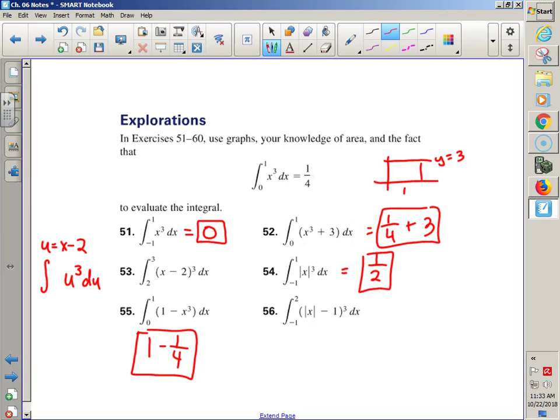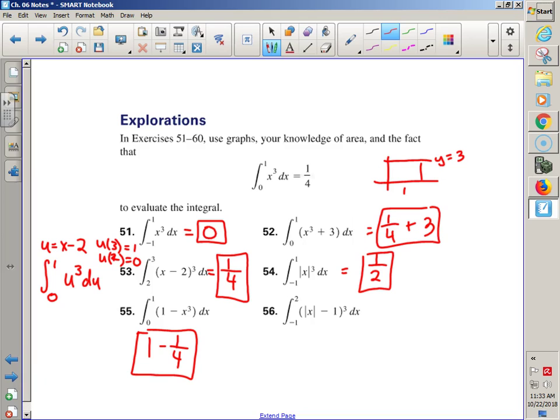What would my bounds be? 3 minus 2 is. Remember your u bounds. We had to find u of 3 and u of 2, which is 1, which is 0. It's the exact same thing as the beginning.